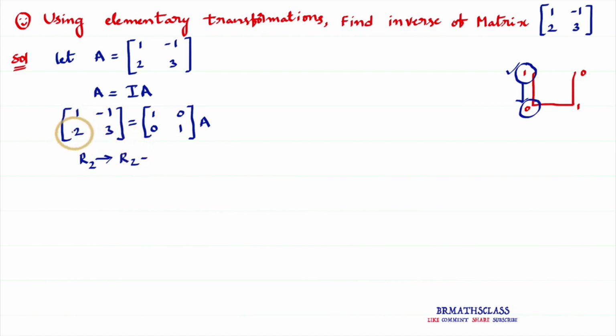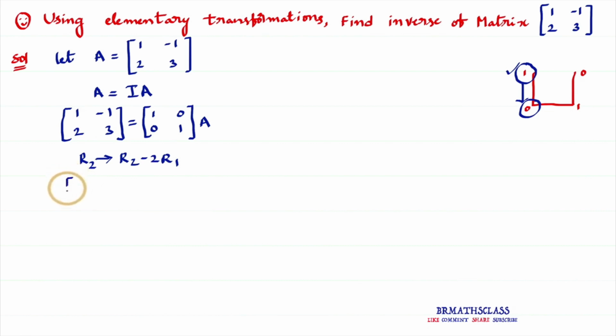R2 means the element 2 is there, minus. Here I need 2. How I'll get 2 here? You multiply this number with 2. 2 into 1 is 2. To get 0, 2 minus 2. I need 2 here, so what I'll do? 2 into R1. I hope you are understanding. If I apply this operation, I can make this element 0 very easily. Actually, this is a very easy step. A little bit of practice is needed.